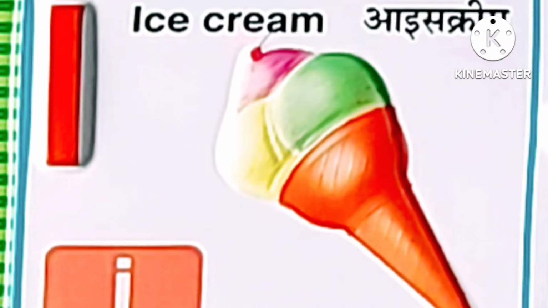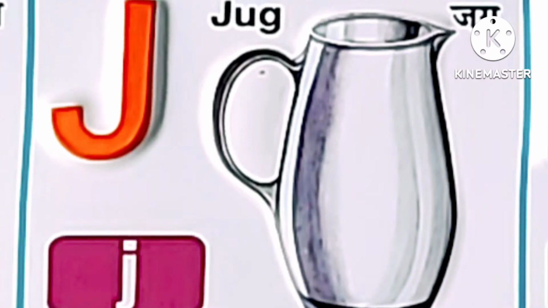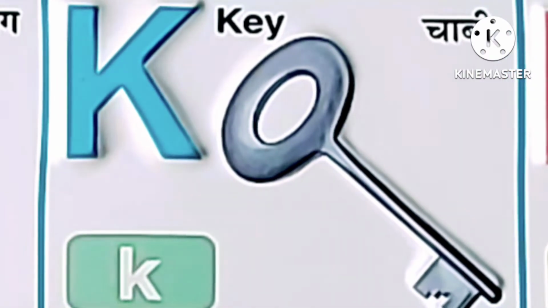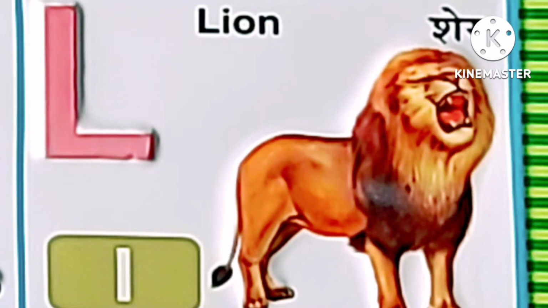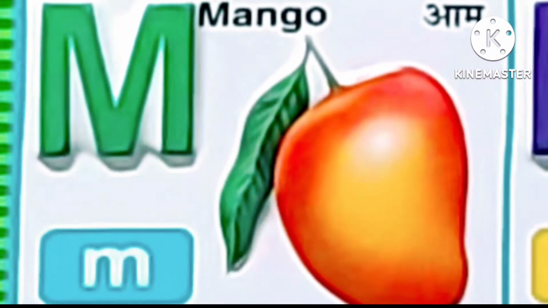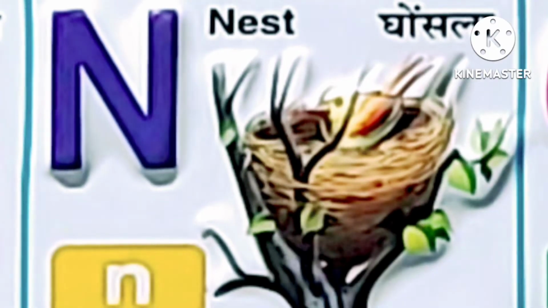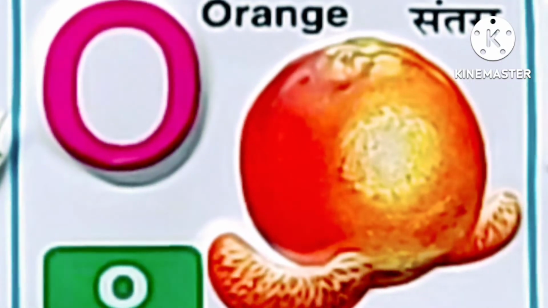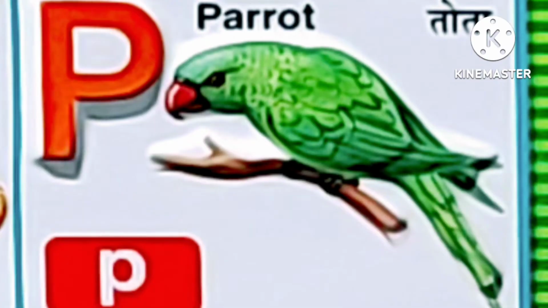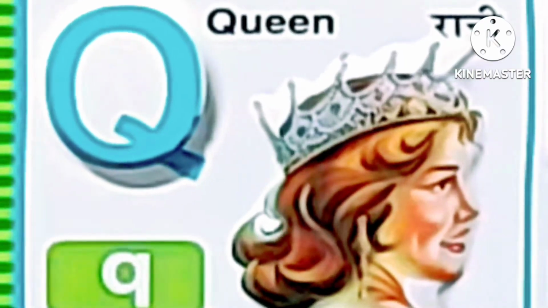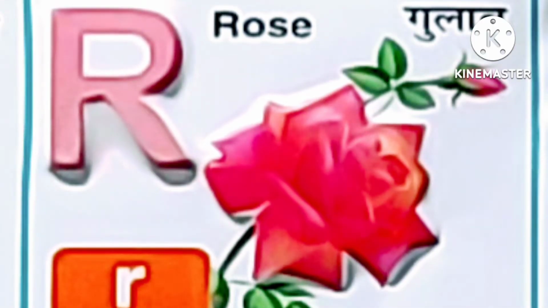I for ice cream. J for jug. K for key. L for lion. M for mango. N for nest. O for orange. P for parrot. Q for queen. R for rose.